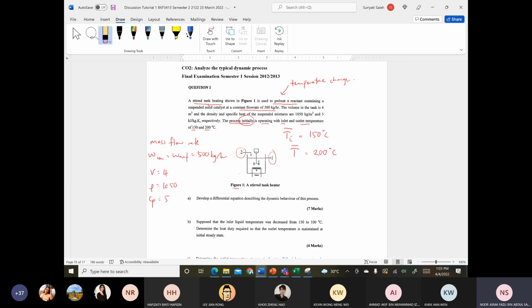Normally when we add heat into the system, it will influence the temperature. So let's say your temperature is too high, maybe you need to decrease the amount of heat. If your temperature is too low, then maybe you need to add more heat.